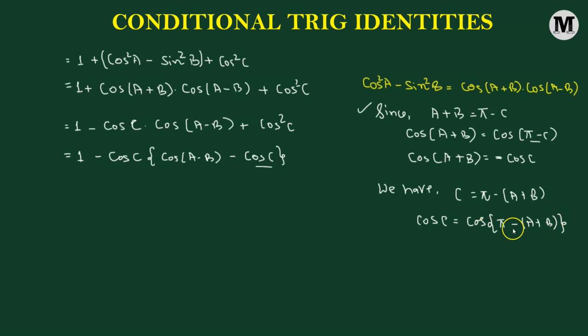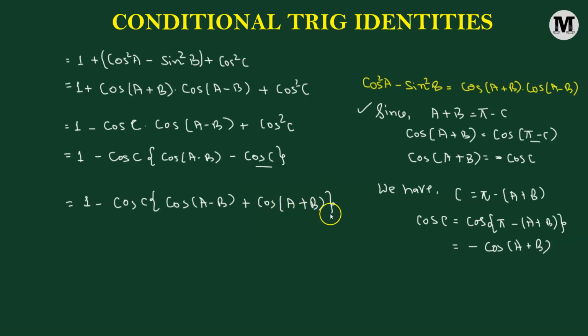Now what is cosine of pi minus some angle theta? That's going to equal negative cosine of the angle A plus B. Now we can rewrite the expression within the parentheses as cosine of A minus B plus cosine of the angle A plus B, since negative cosine C becomes positive cosine of A plus B. Now we are going to add the 2 cosine functions using the standard formula.